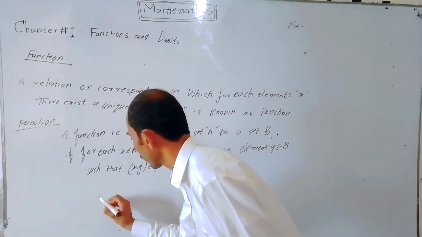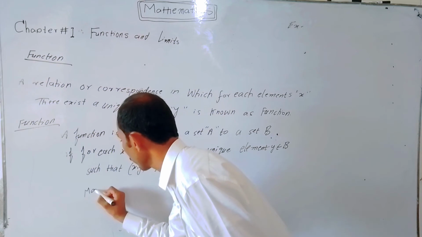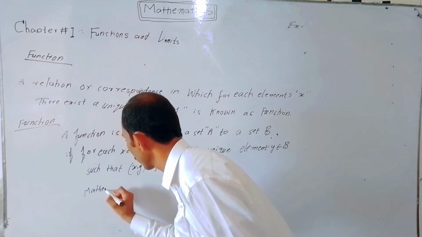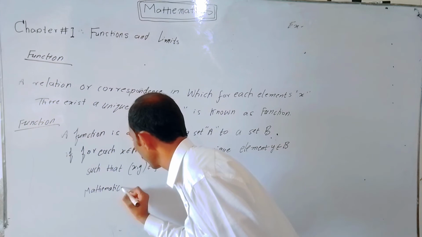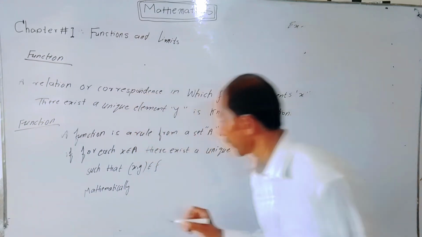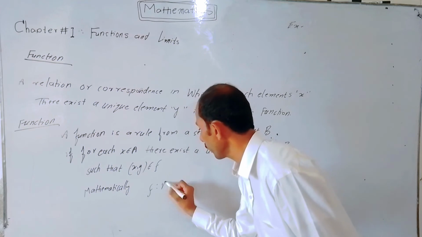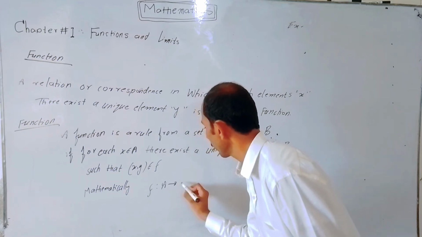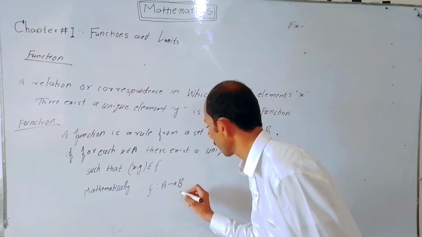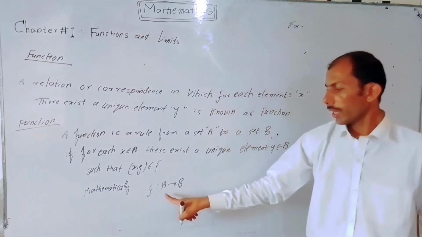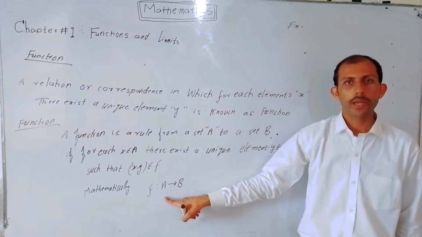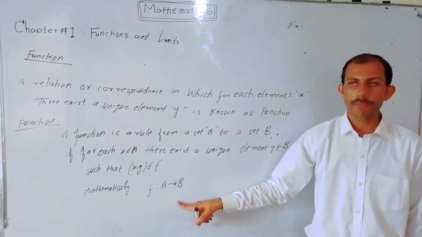So in mathematical form, f is a function from A to B. So A is called the independent variable and B is called the dependent variable.